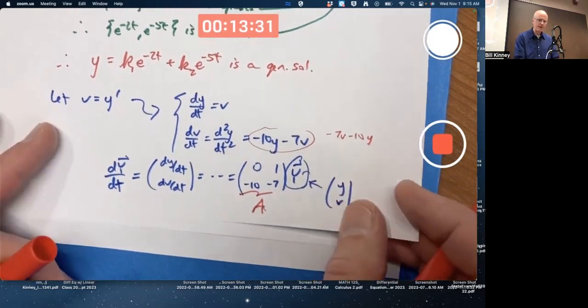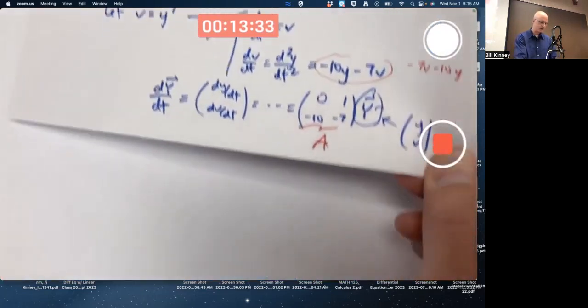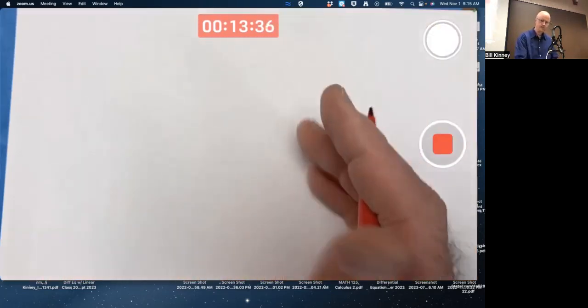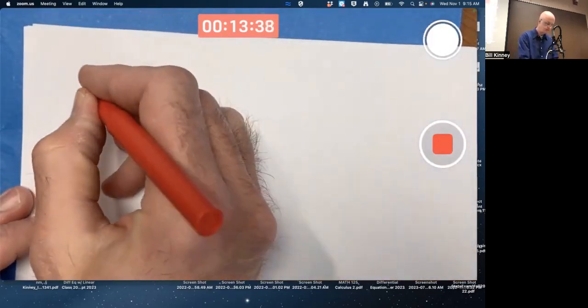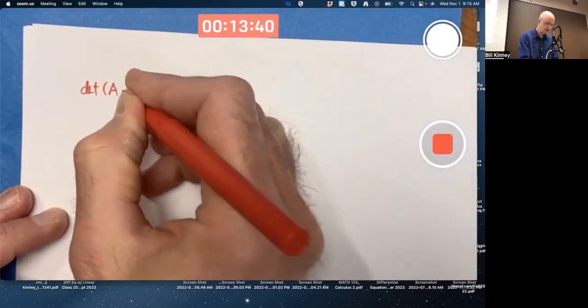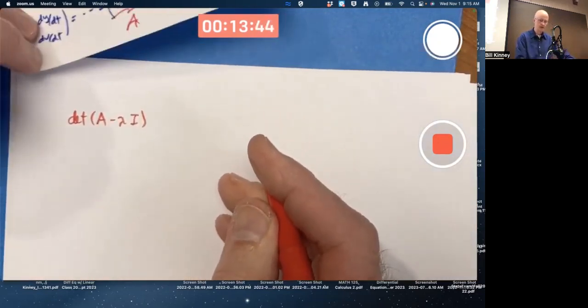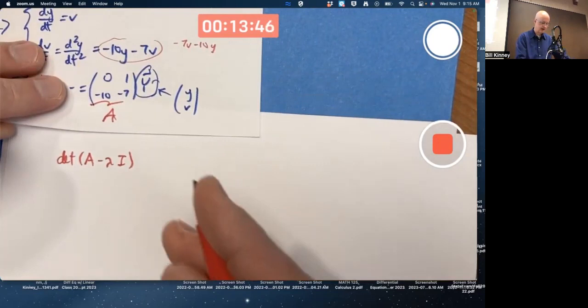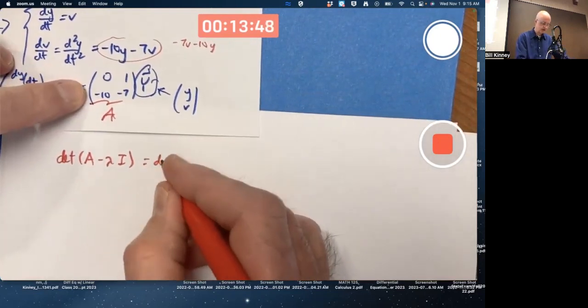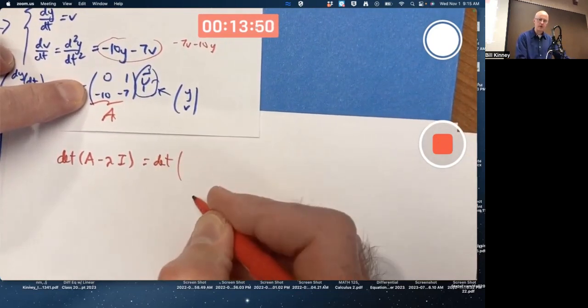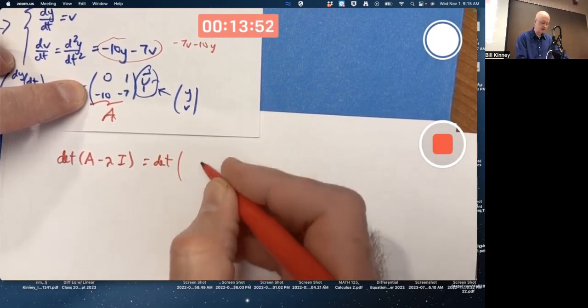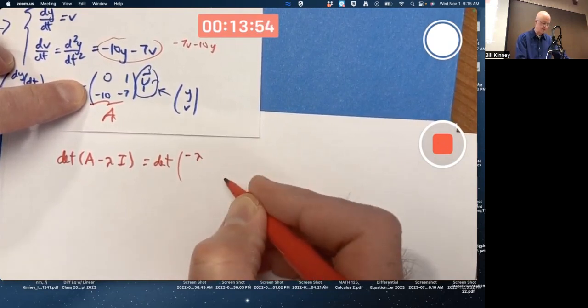All right, so what would happen if we find the eigenvalues of A? What's the determinant of A minus lambda I? There's A. We only subtract the lambda from the main diagonal entries, so we get a negative lambda up here.